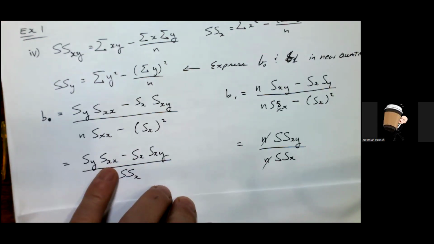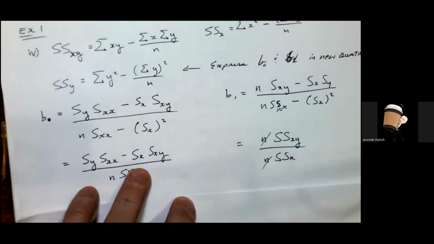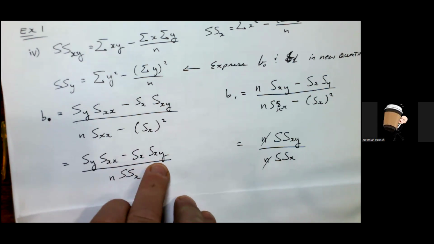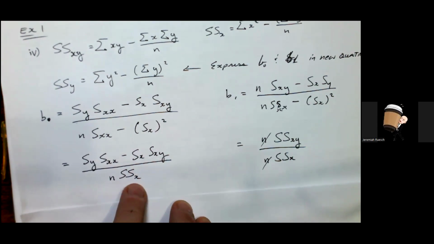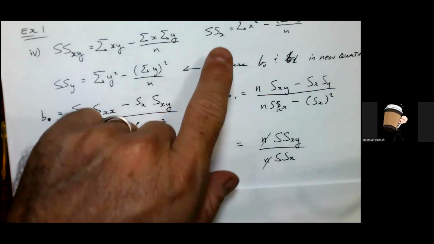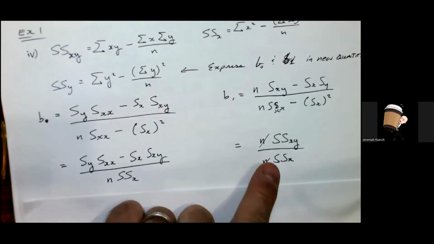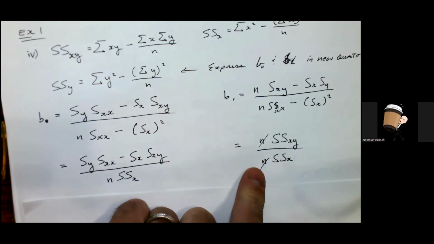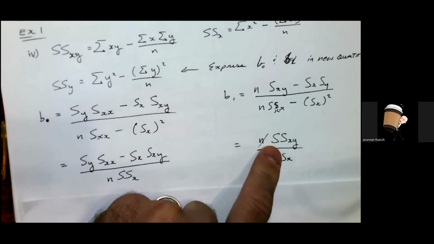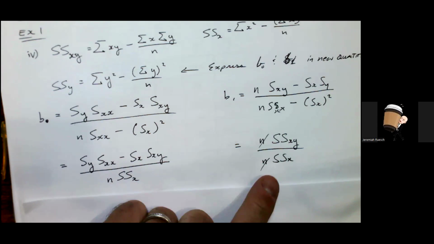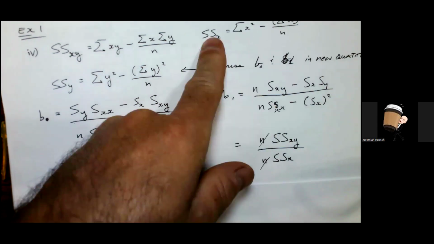So you have sy times sxx minus sx times the mixed product sxy, over n times sxx minus sx squared, which is this term. And then this b1 is simply the sum of the sxy terms divided by the sum of the sx terms.